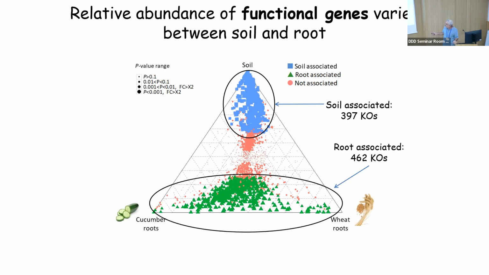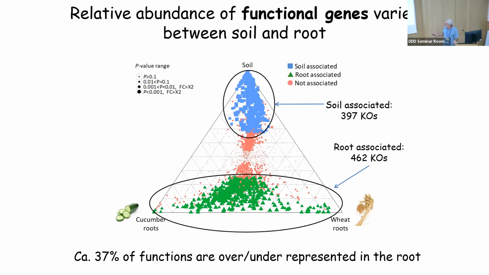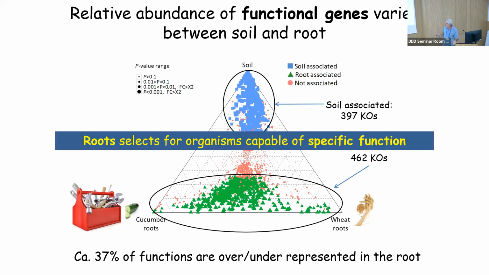However, in the root systems, we have 460 different functions, almost all of which are shared by the community in the two different plants. So approximately 37% of the functions are either overexpressed or underexpressed in roots, so not expressed in the soil.